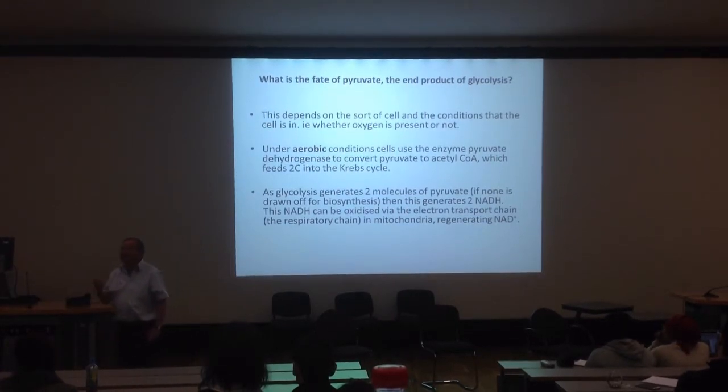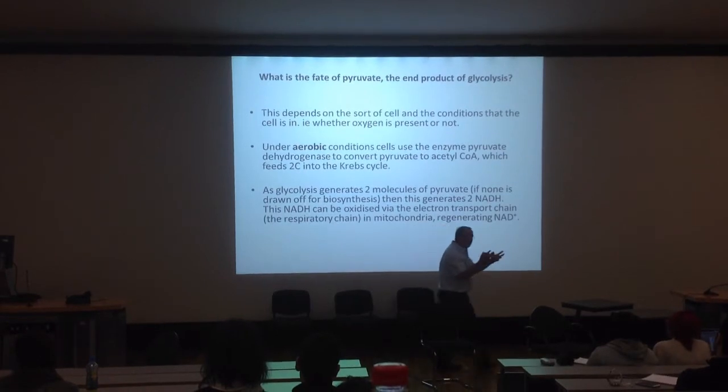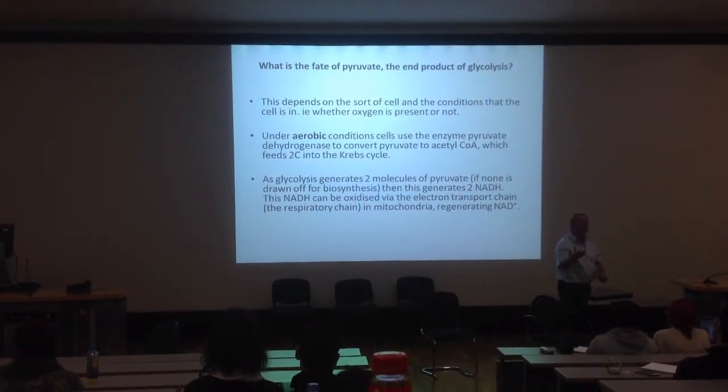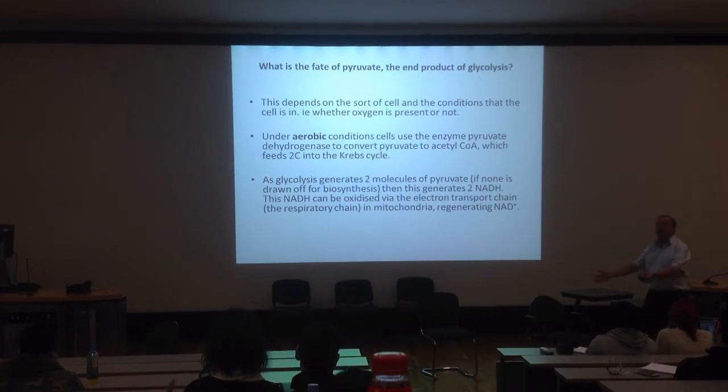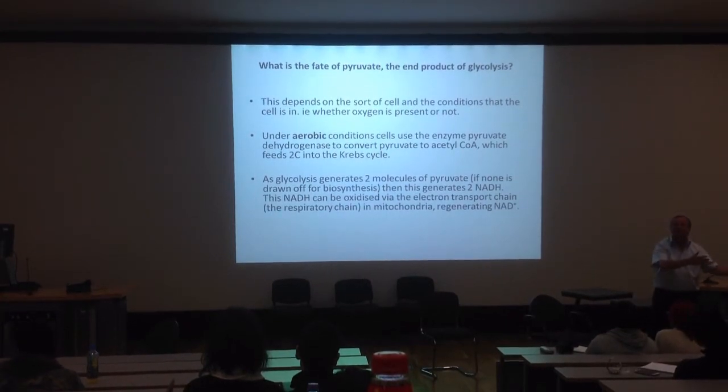How many carbons has acetyl-CoA got? 2. There's a 2-carbon fragment. This comes off as carbon dioxide. So there is our acetyl group, carried by what? Acetyl-CoA. So CoA takes this away to where it's needed. The same with the other pyruvate.